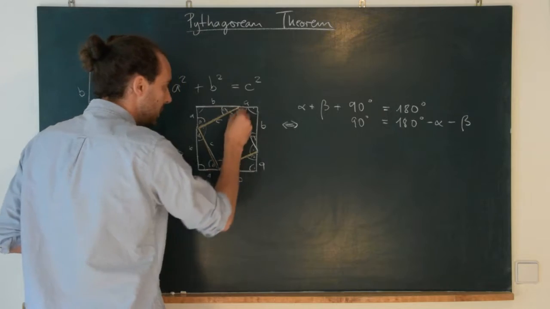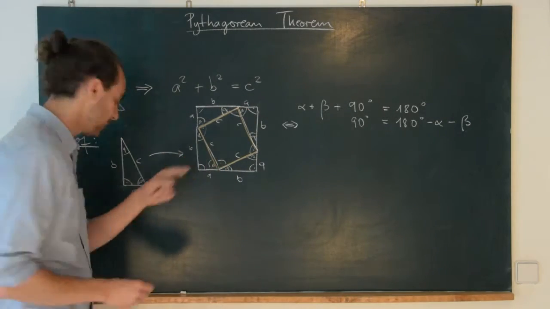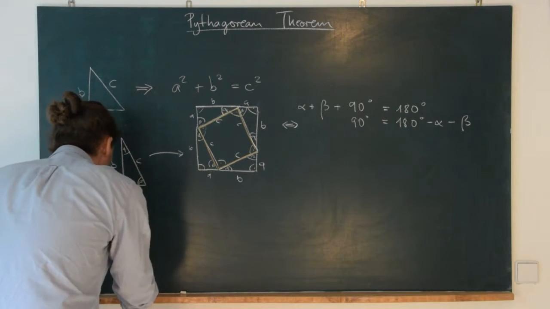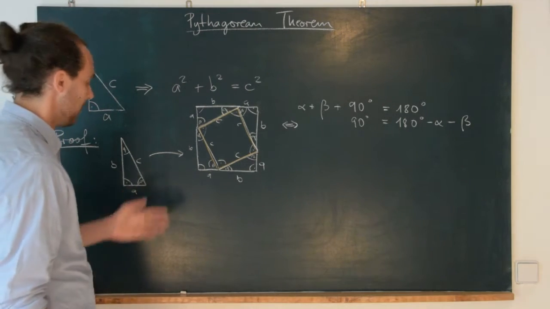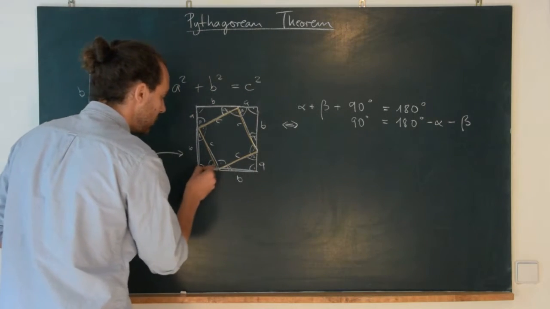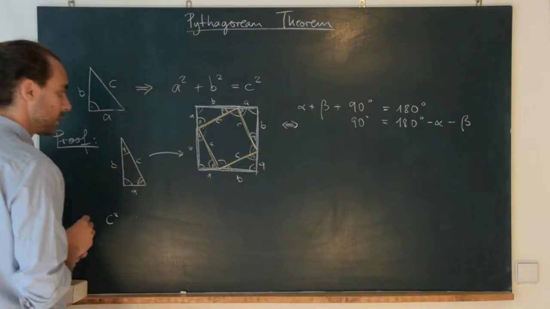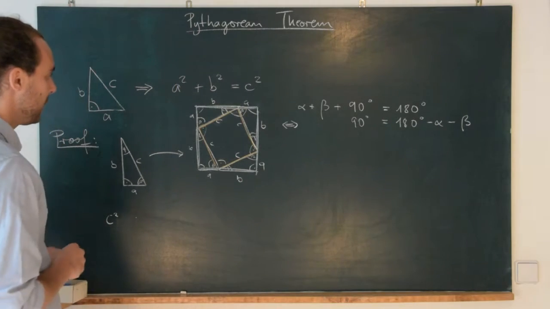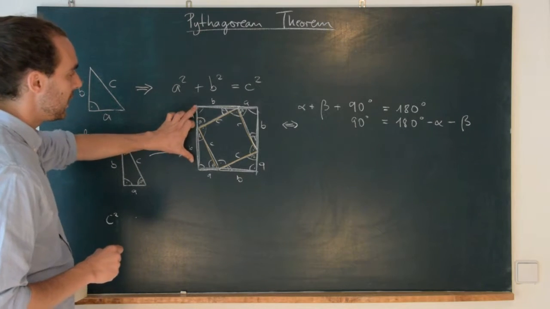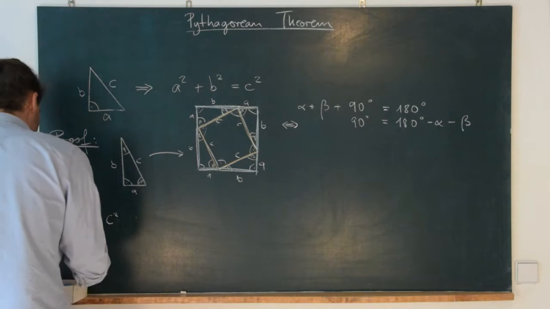This small square inside has the area C squared. And the big square, this one, it gets a bit messy, but will be okay. This big square has the area A plus B squared.